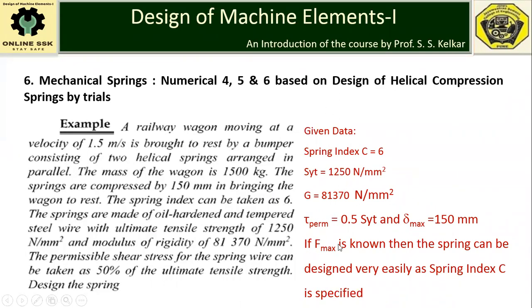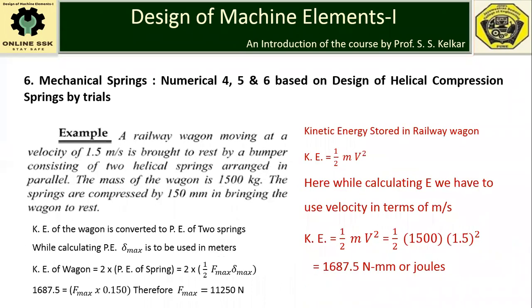But the problem is that here F max, the maximum force as experienced by each of the springs, has not been specified. So, for calculating the maximum force to which each of the springs is subjected, we have to proceed by balancing the energy of the wagon and energy of the spring.